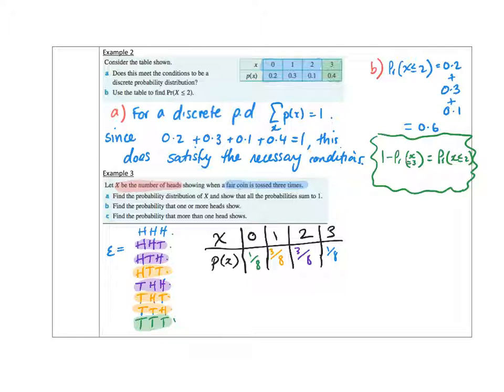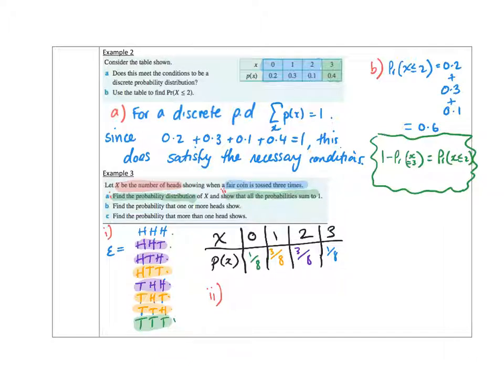Now the second part of this question. The first part said find the probability distribution, and we found that. If I wanted to break up this question into a part 1 and a part 2, I've done part 1, but part 2 says show that all the probabilities sum to 1. It would be a shame to have done all this work but not paid attention to the second component.